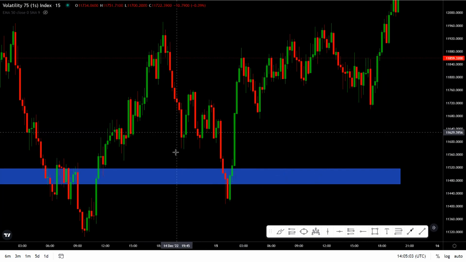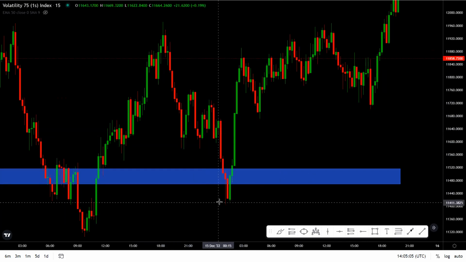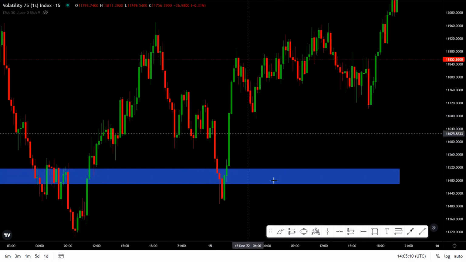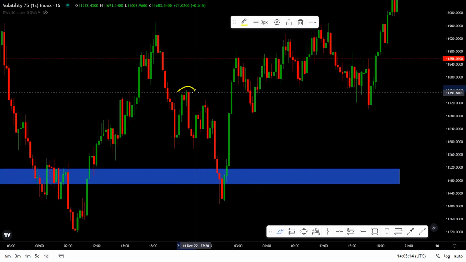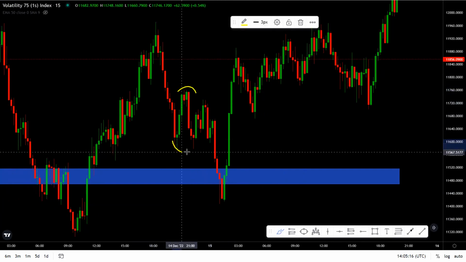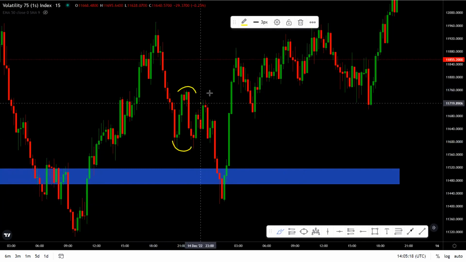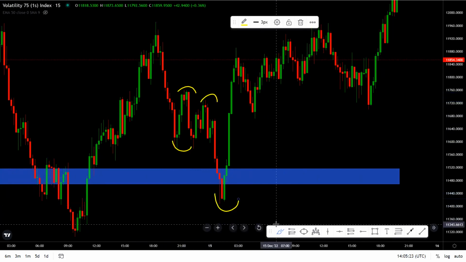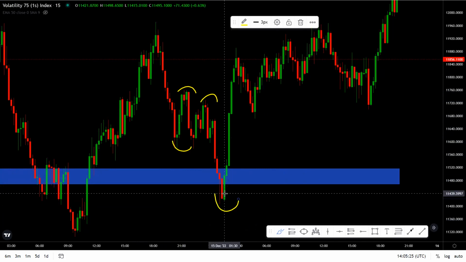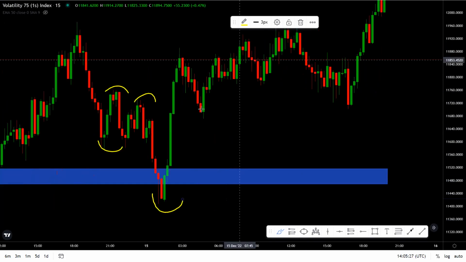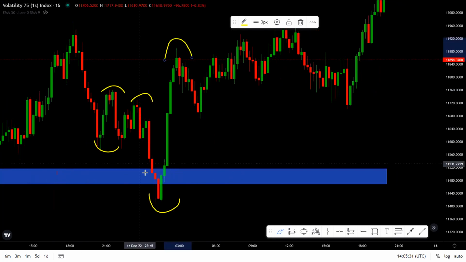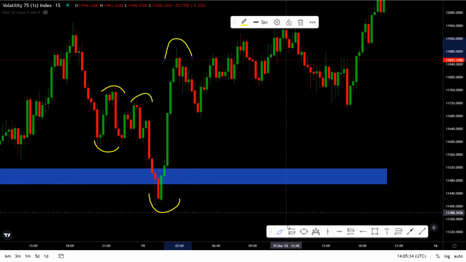I'm only permitted to take a buy trade on the 15 minutes time frame if I have a confirmed bullish structure. And then we can clearly see again on the 15 minutes time frame, lower highs and then lower lows. And then we had this nice shift in market structure from bearish to bullish.